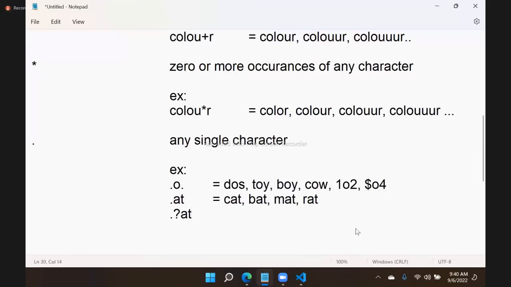First character can be anything, but it can be 0. 0 means without the first character also. Question mark indicates 0, maximum how many first characters? 1. So this indicates now all are allowed: cat, bat, mat, rat, like this, and 80 also. Otherwise it is not allowed, because this question mark indicates the first character can be 0 times or 1.